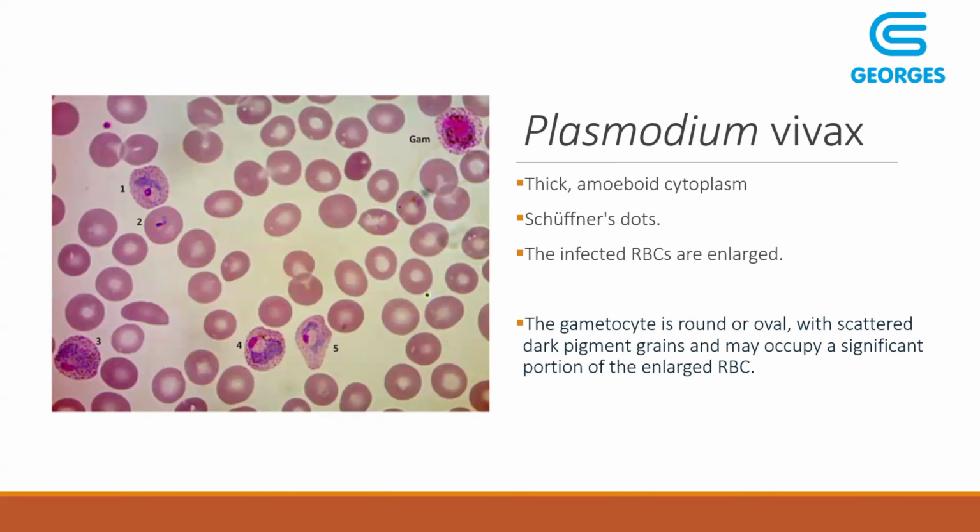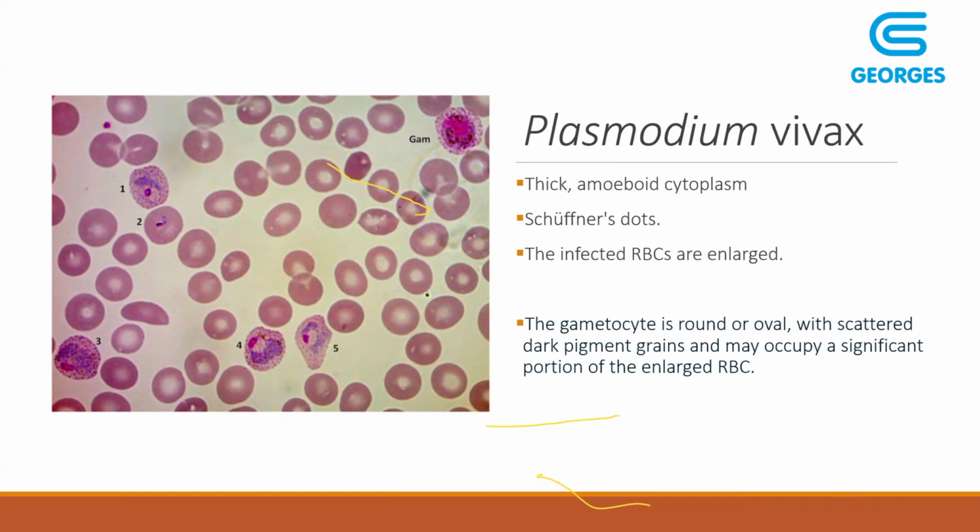So here we have an image showing P. vivax. You can see image number 1, 2, 4, and 5. These images are trophozoites. You can see they are amoeboid, with thick cytoplasm. You can see the Schüffner dots.